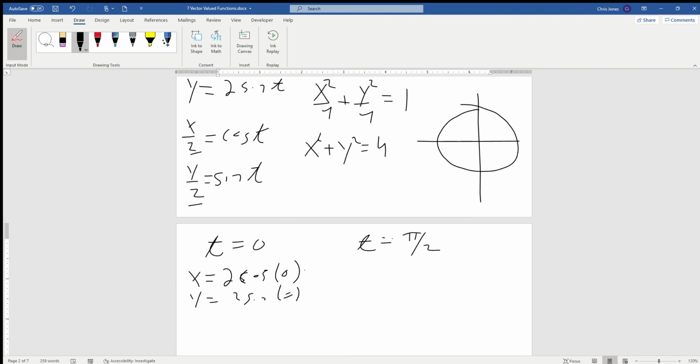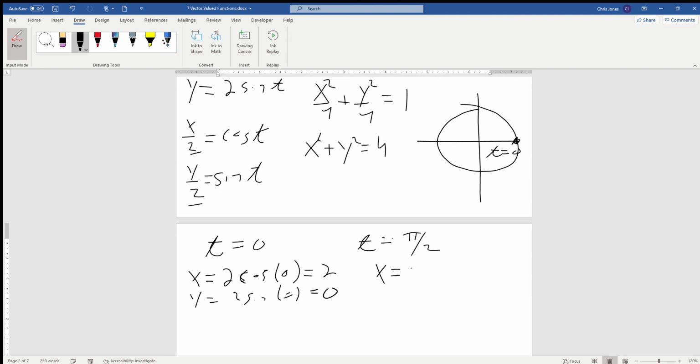And that means that x is going to be 2 and y is going to be 0. So right here, 2 comma 0 is when t is equal to 0. And so at this point, we're probably going to guess that it's either going to be clockwise or counterclockwise for the orientation, unless it just stands still, which is not the case in this one.